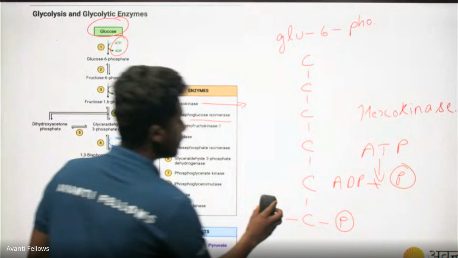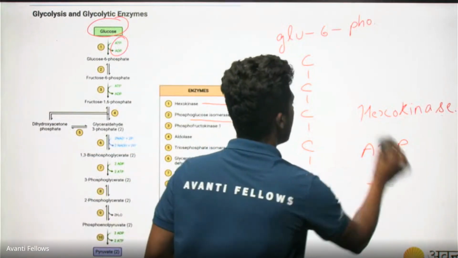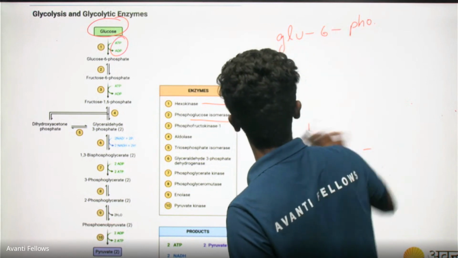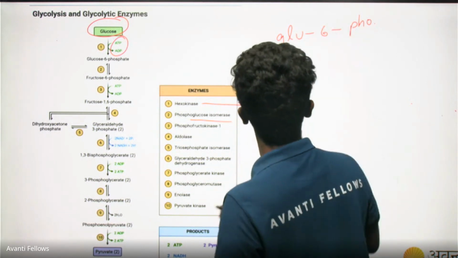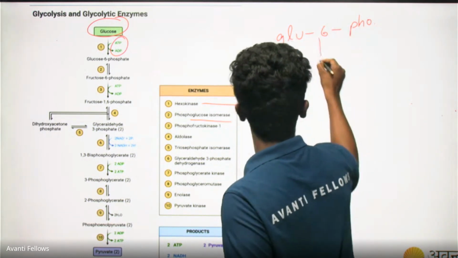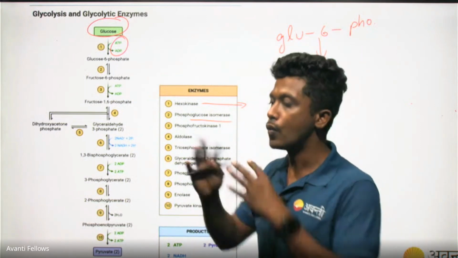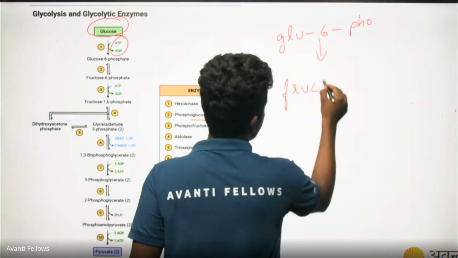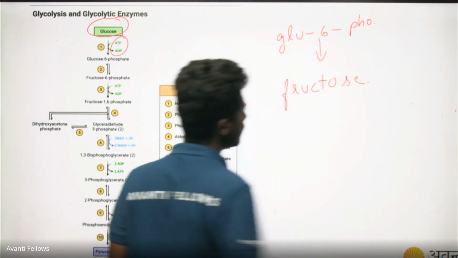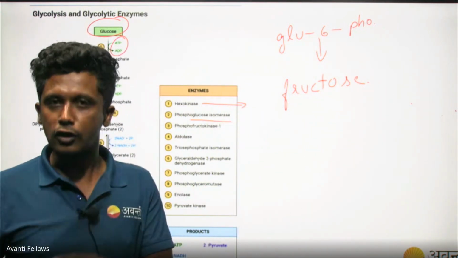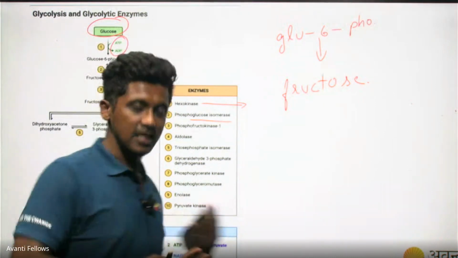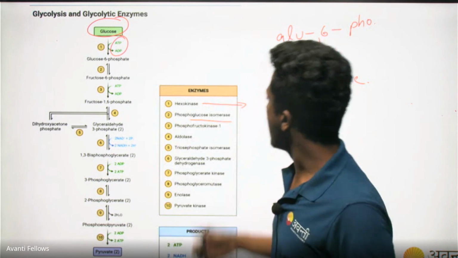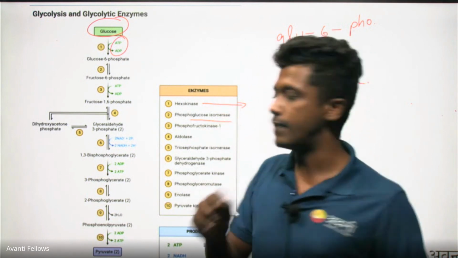What is the next step? We have glucose 6 phosphate, and the glucose 6 phosphate is isomerized. What is isomerization? Glucose 6 phosphate is converted into its isomer, that is fructose. Glucose and fructose have the same formula, but their structure is different, which is called isomerism. For that, an isomerase enzyme will come.